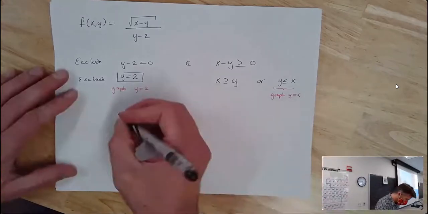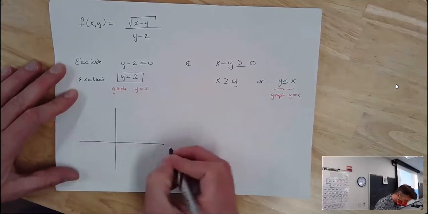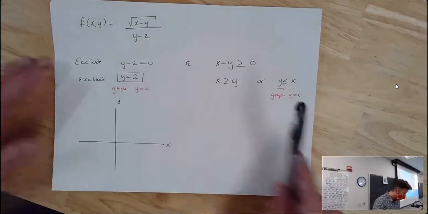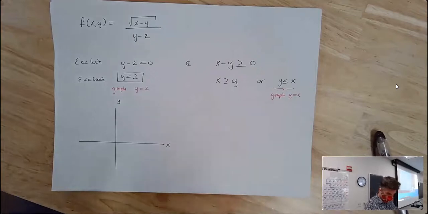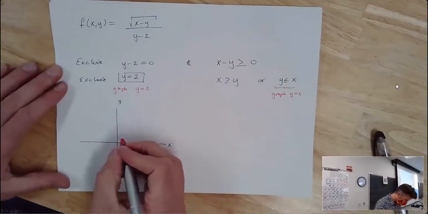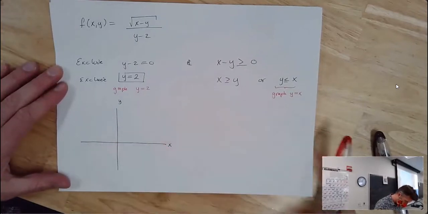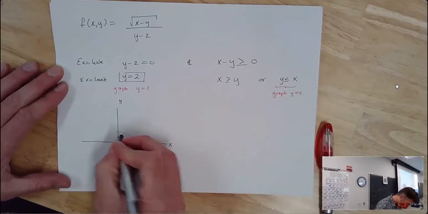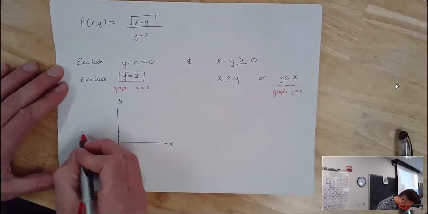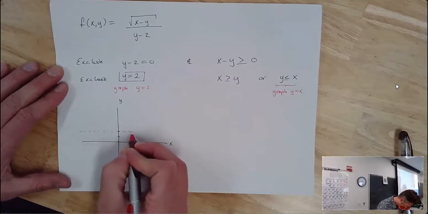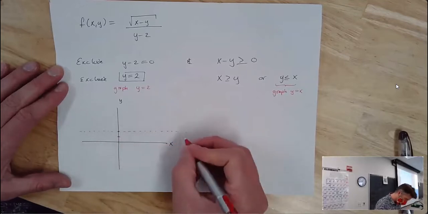So when I'm drawing the domain here, I'm going to say, all right, well, y can't equal 2. So here's the dashed line, y equal to 2.